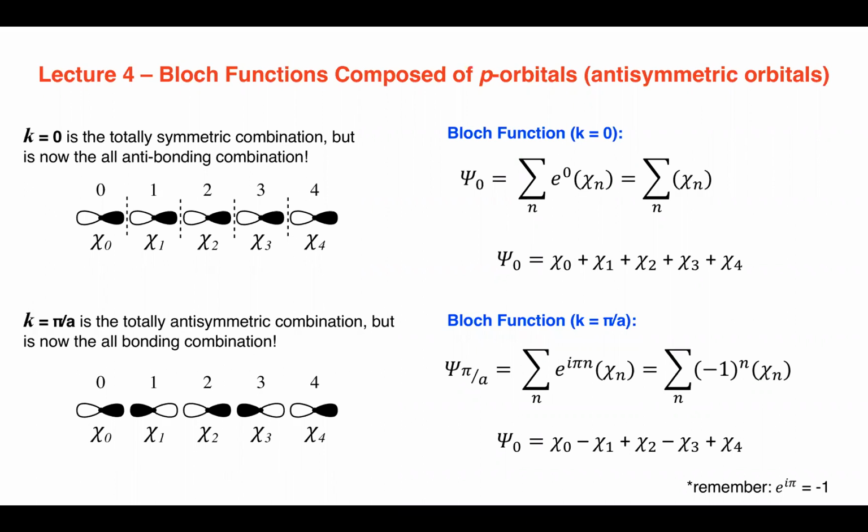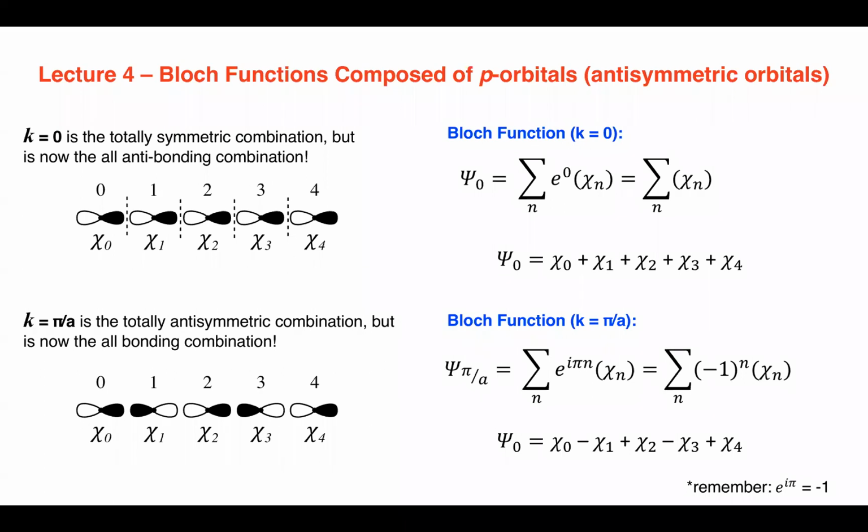And as we go from atom 0 to 1 to 2 to 3 to 4, this thing changes sign. So our function starts off pointing this way, but on the next atom, it gets inverted, right? When you multiply this anti-symmetric function by -1, it changes, and it changes, and it changes. If you analyze these wave functions for a minute, you'll see that there are nodes between all of these component orbitals, whereas these ones are bonding in all cases.